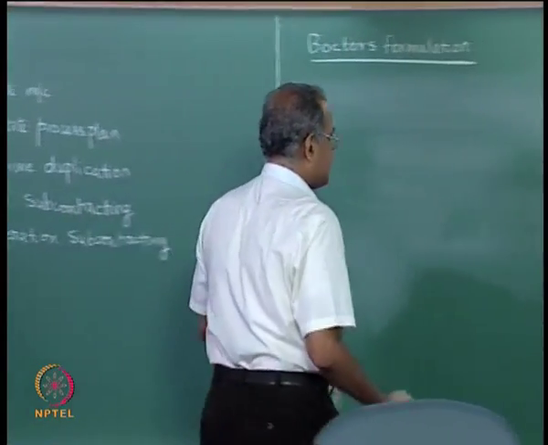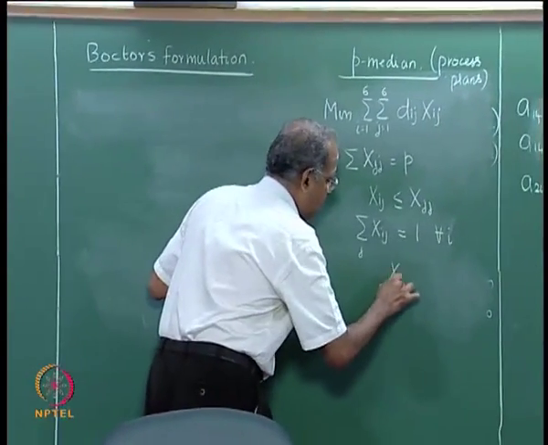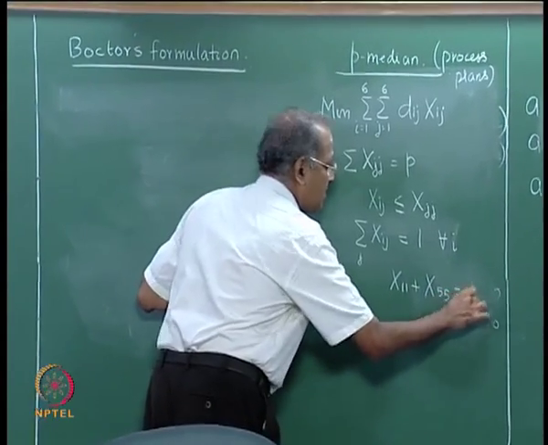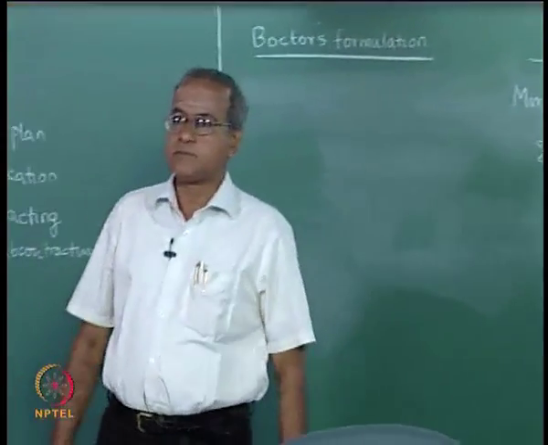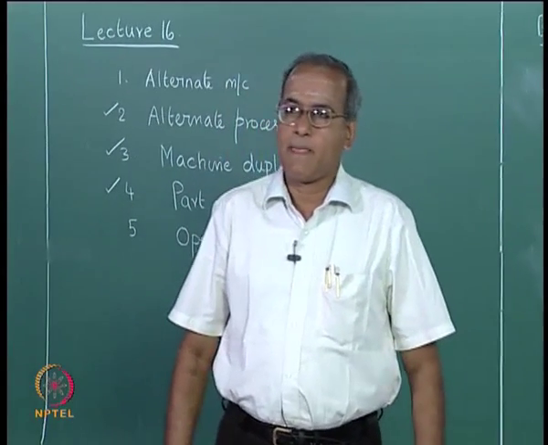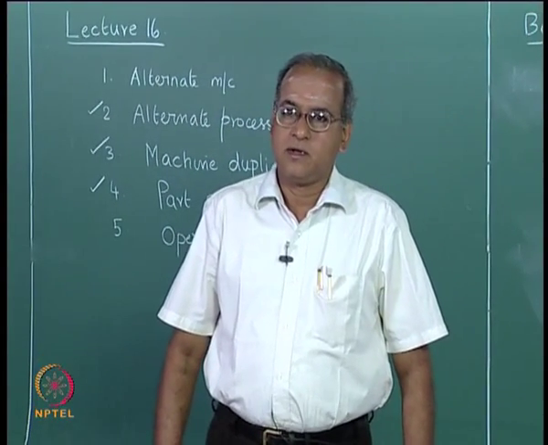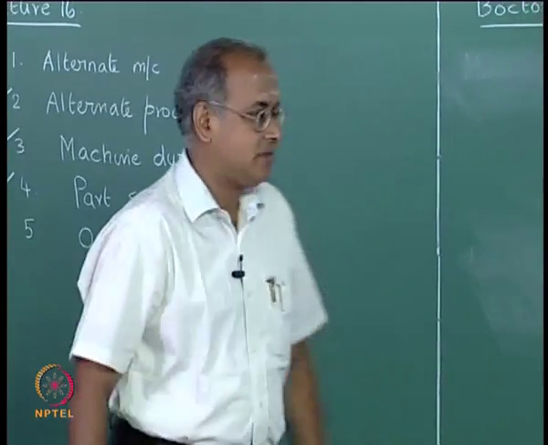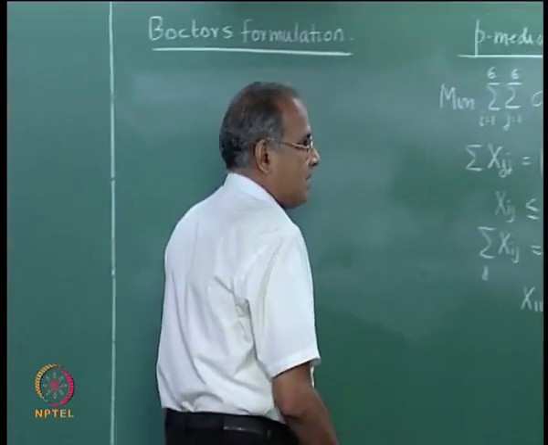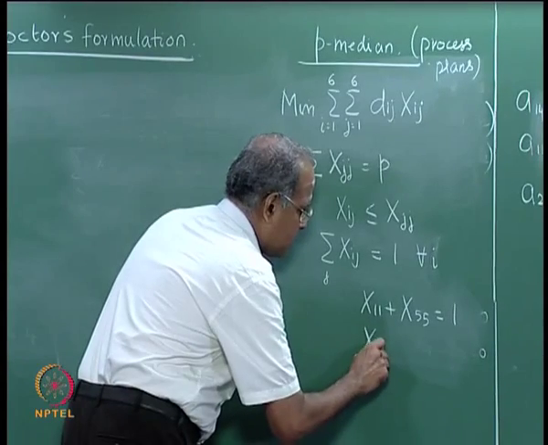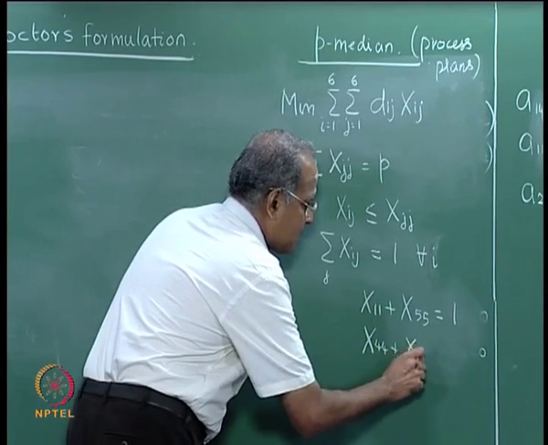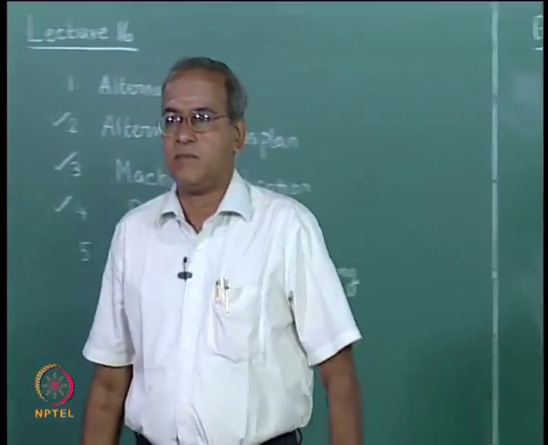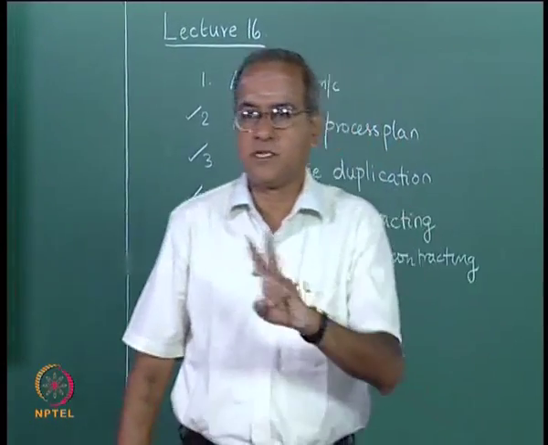So we will add a constraint x11 plus x55 is equal to 1. Similarly, x44 plus x66 is equal to 1. Both cannot be chosen as medians.